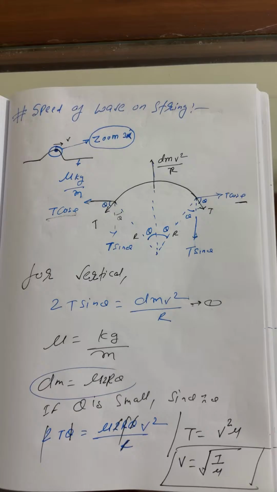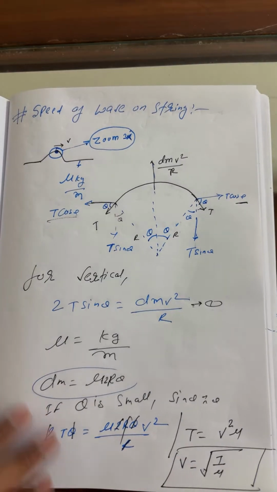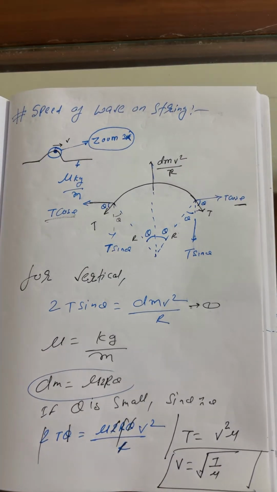Okay. Are you all writing? Which one? Root of T by mu. Okay. Sagar, respond to me here. Sir, what will we do next? Problem based on this. Wait, RM is telling me to wait.